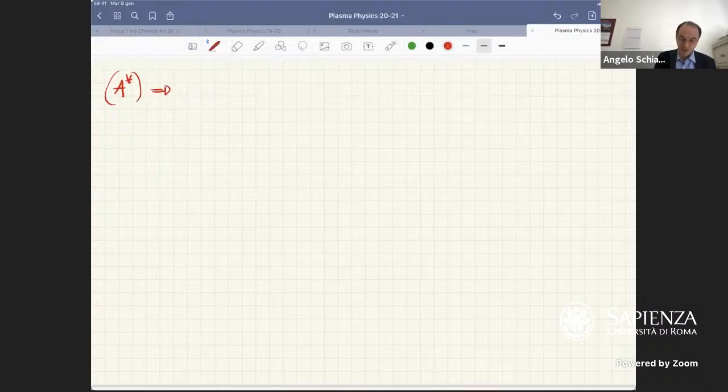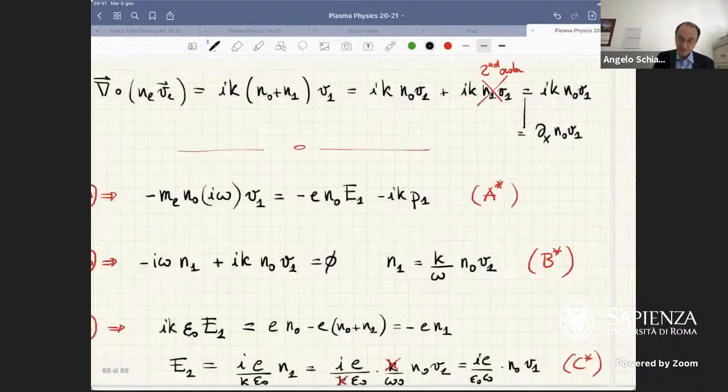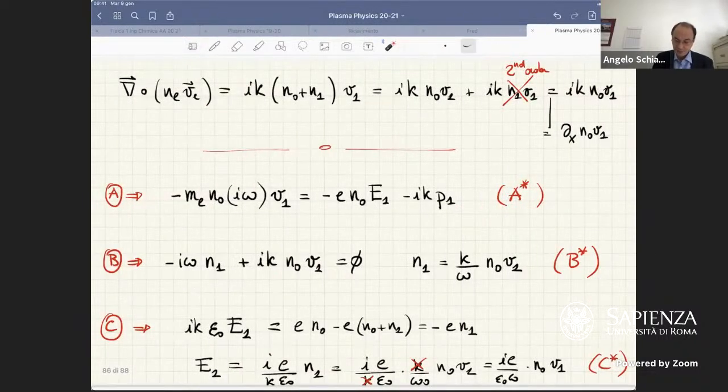The first one is minus me n0 times i omega, the time derivative, times V1. Then on the right-hand side we have the electric field term, and we use C star.